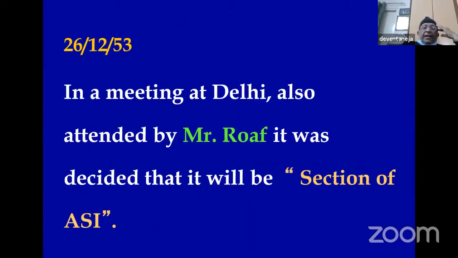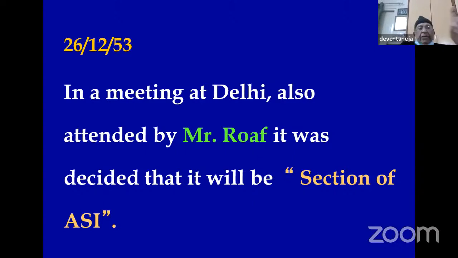So in a meeting held at Delhi, which was also attended by Robert Rowe, one of the great orthopedic surgeons in Liverpool and a contemporary of Professor Mukhopadhaya, it was decided that we must at least have a section of orthopedics in India to start with.